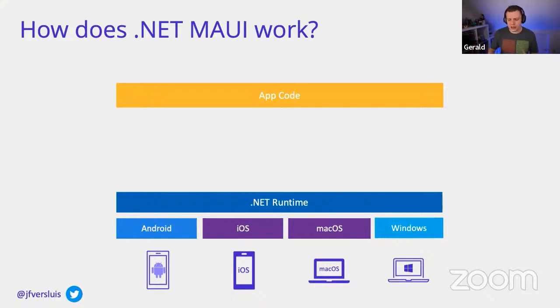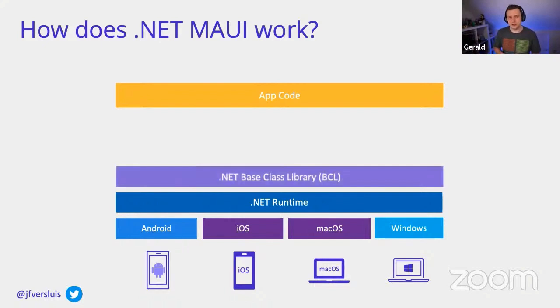But that's not really that important because as of .NET 6, we now have a .NET base class library, a BCL, that is used for all of those. So everything goes through that BCL, that is run on the .NET runtime, and that will figure out where it needs to run, through Mono or CoreCLR, doesn't really matter. You don't have to worry about that. So we have this single BCL now, which is great.